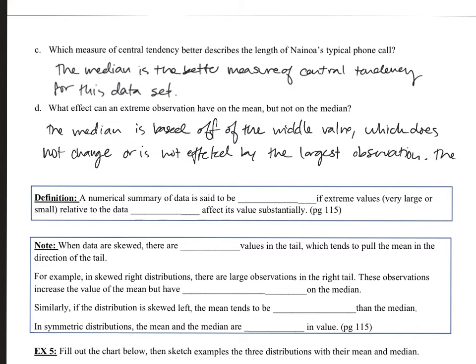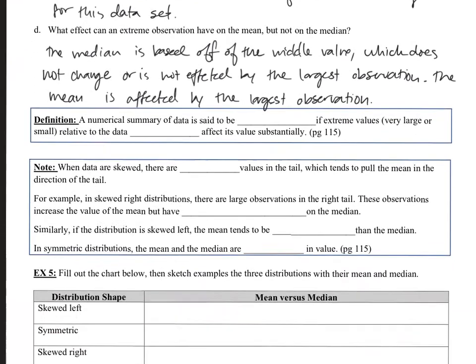The mean is affected by the larger observation, or the largest observation. Okay, so that's one thing to definitely keep in mind. How you compute both of them can be skewed depending on your data set.